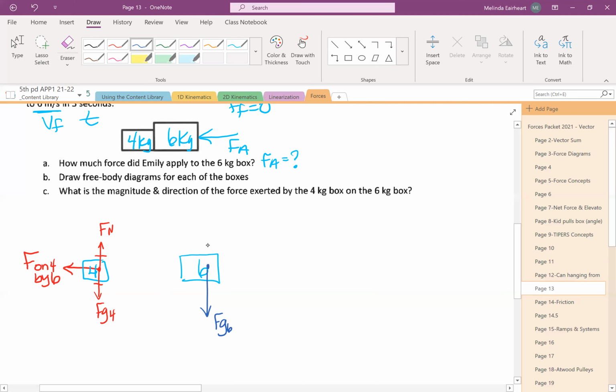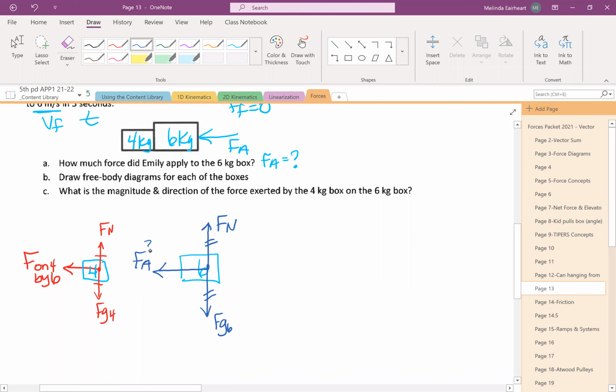Then we have a bigger normal force. These 2 forces are equal and opposite. Then what? What's another force on the 6? Emily's pushing on the 6 block. What direction? To the left. So this is an applied force. And again, that's the one we're looking for.